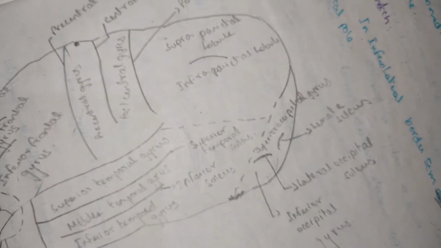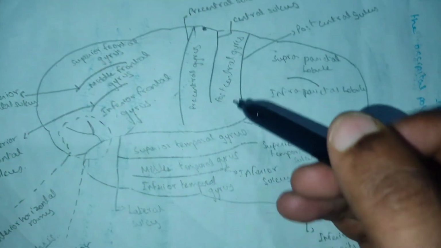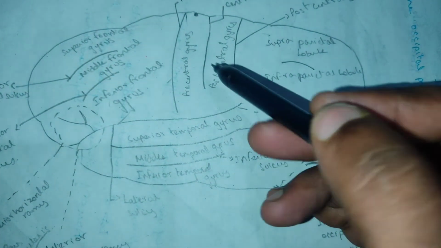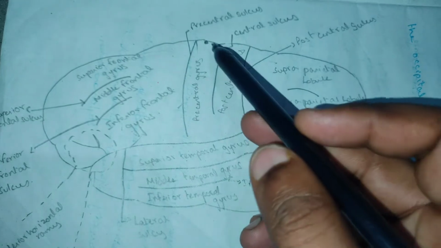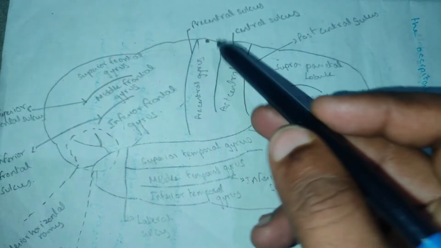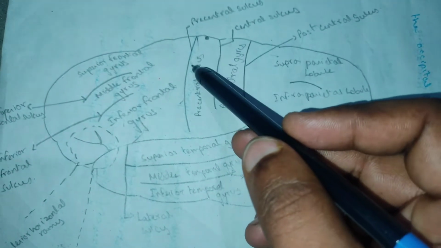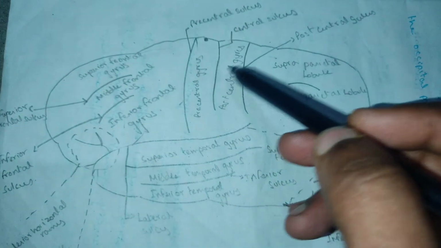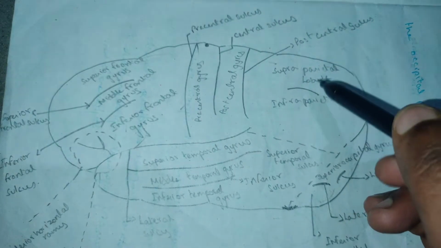This is the image of the cerebrum. This is the central sulcus, just behind the midpoint of the cerebrum, and just in front of it is the precentral sulcus, and just behind it is the postcentral sulcus.